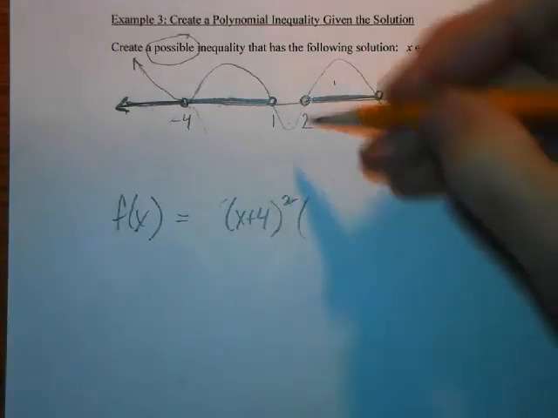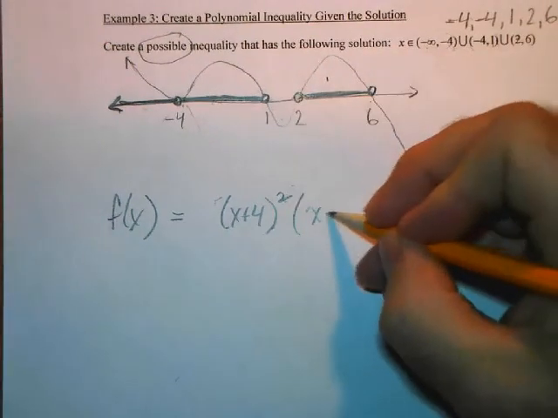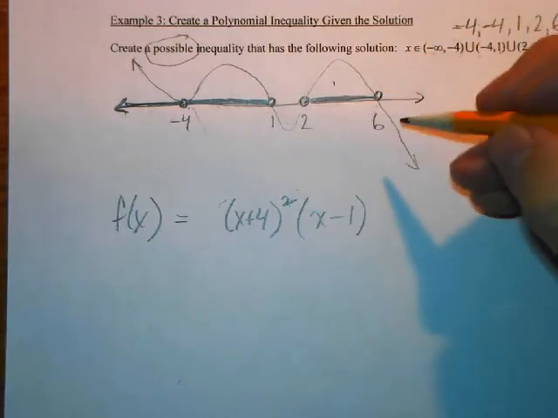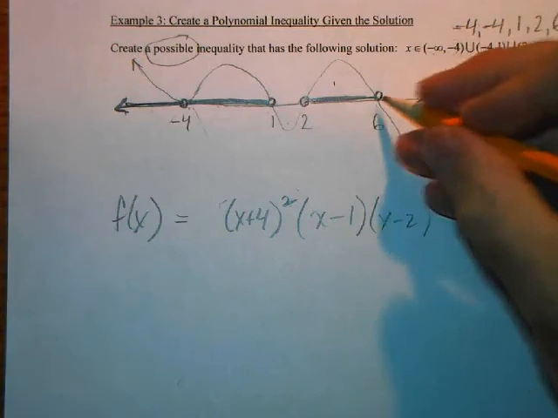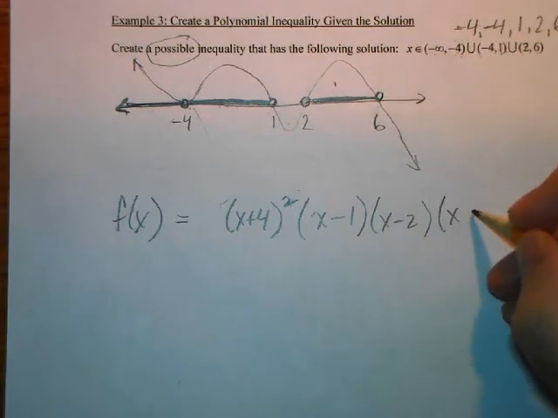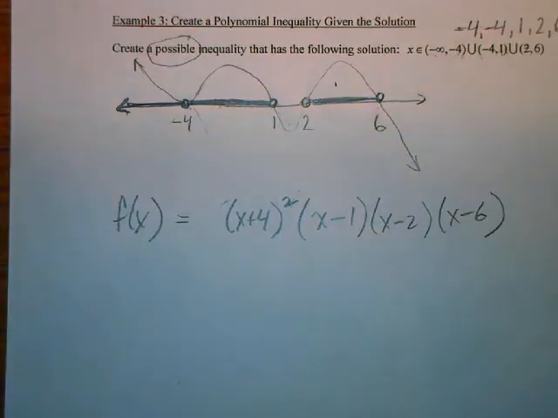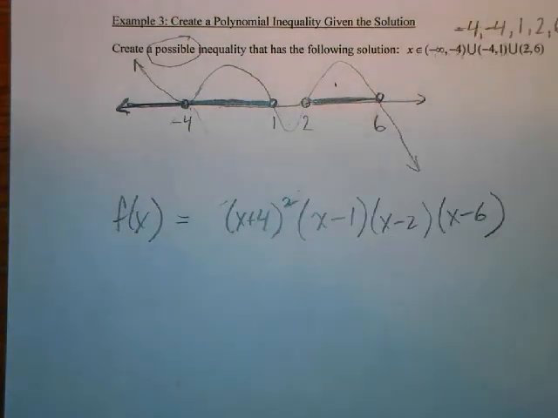All right, the next 0 would be at x minus 1 as a factor because there's a 0 there. The next 0 is at 2, so that would be x minus 2. And then the next 0 would be x minus 6. Now, the only thing we have to concern ourselves with is that this is giving us the zeros, but it's not really giving us the end behavior.